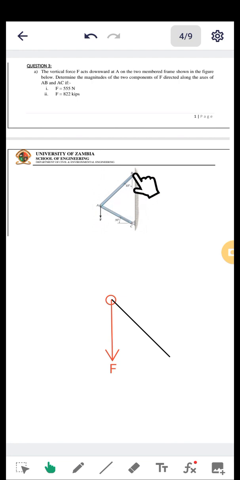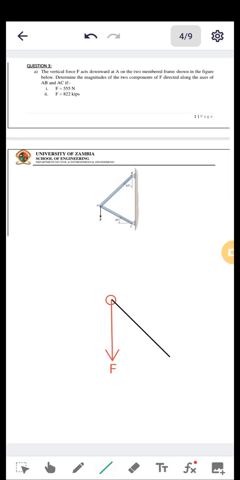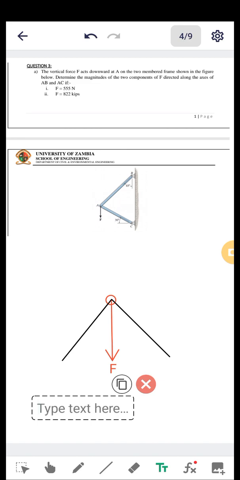Then we want to make a parallelogram, so we can just make a continuation here. We are interested in the force which is coming this side, so we forget about that side. This force we can take in that direction, from A to C. There's a force there and there. Let me just name them.